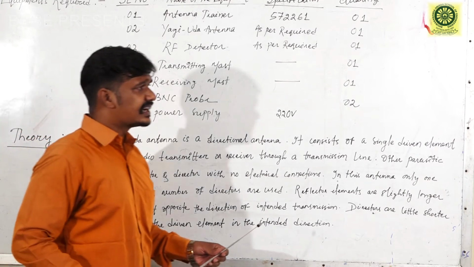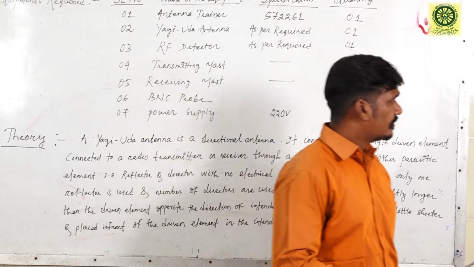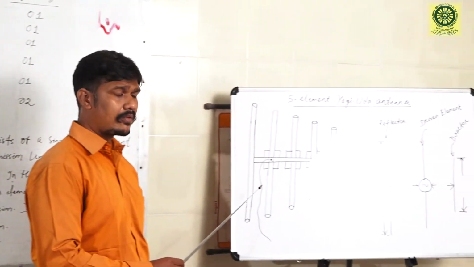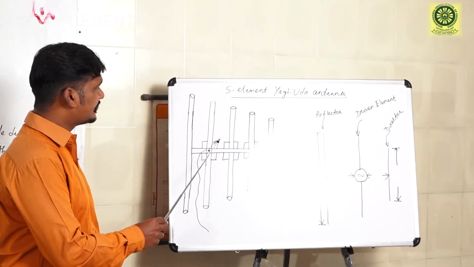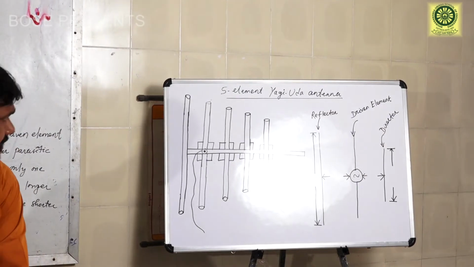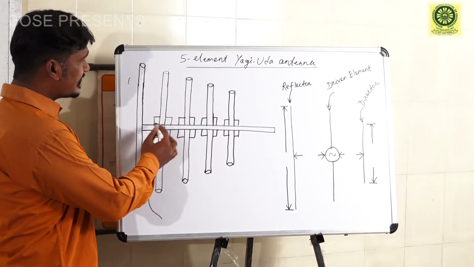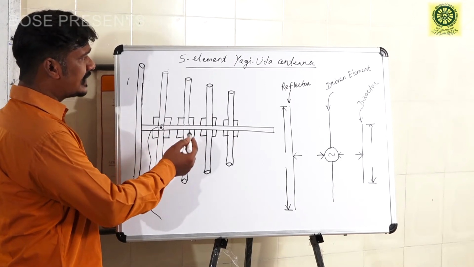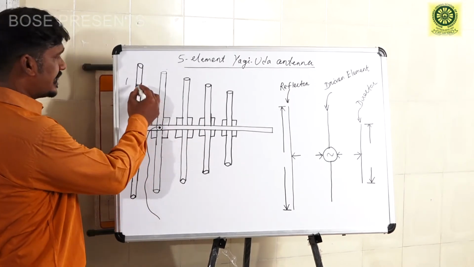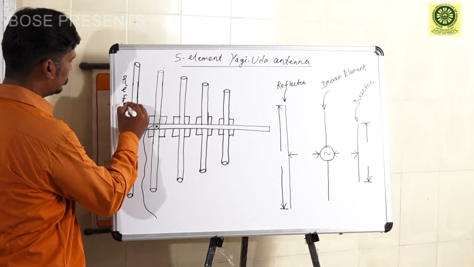So let's see the diagram of 5-element Yagi-Uda antenna. This is the figure of 5-element Yagi-Uda antenna. Here 5 elements are used, that's why it is called 5-element Yagi-Uda antenna. The very first element is known as the reflector.